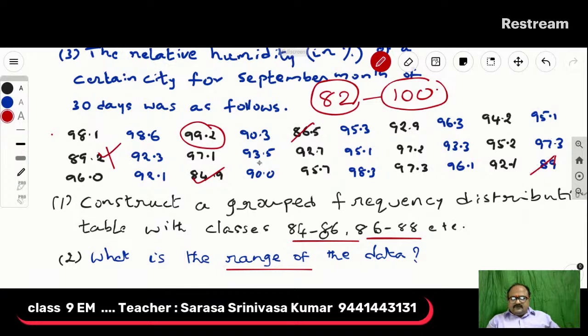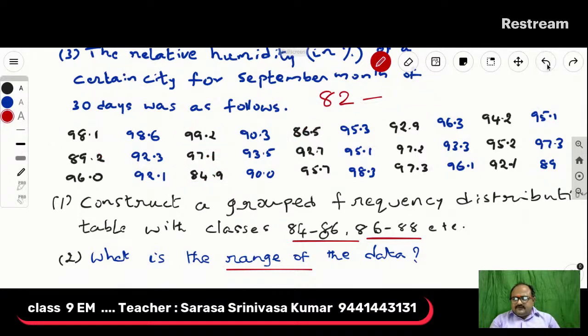This is also not least. So the least value is 84.9. Maximum value is 99.2. Minimum value is 84.9.